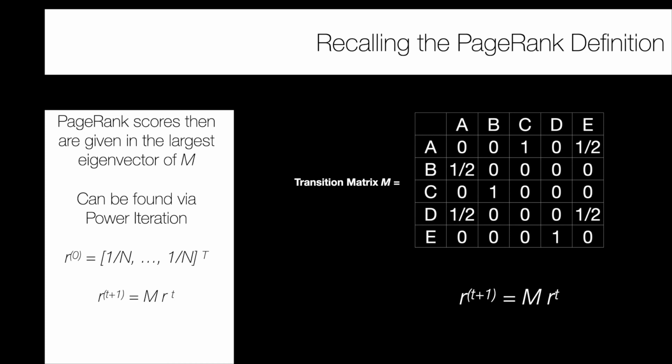From the PageRank idea from last time, we talked about power iteration, where we take a vector and multiply it by this transition matrix many times, and the resulting vector that comes out at the end is our PageRank vector, or the vector associated with the highest eigenvalue of this directed graph.